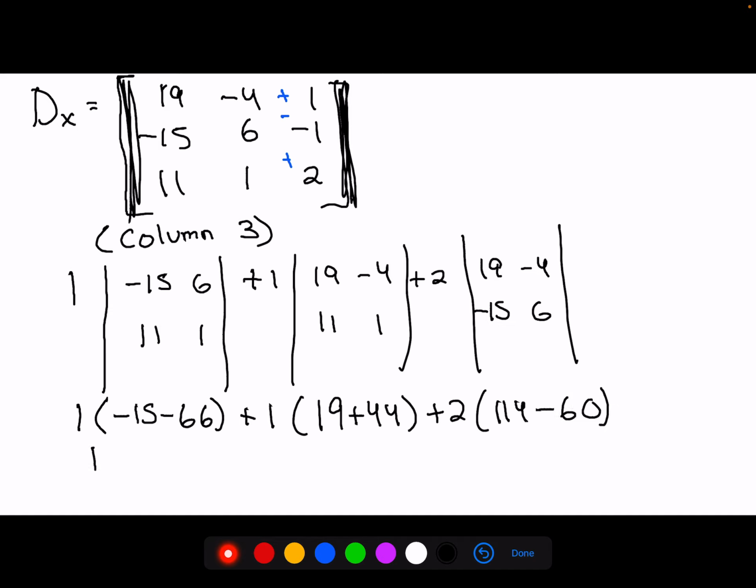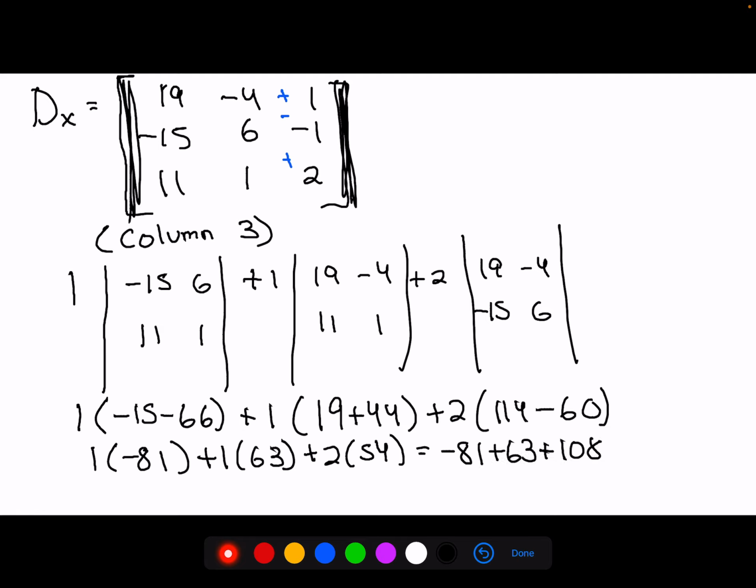All right, so 1 times -81 plus 1 times 63 plus 2 times 54. So -81 plus 63 plus 108. -18 plus 108 equals 90. So D sub x comes out to be 90.